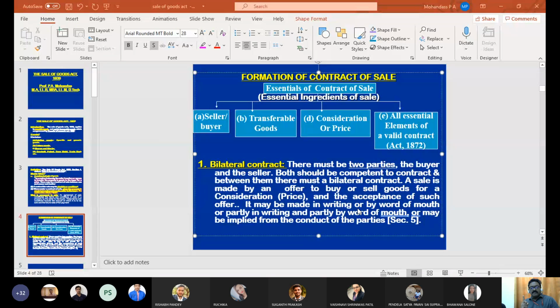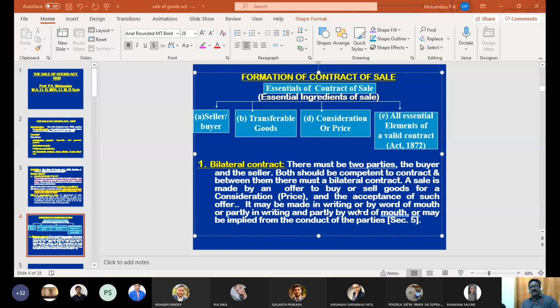I was not compensated for the work I have done. So consideration is mandatory for any contract, except there are exceptions we have studied. That is a question that might come for your semester end examination. A contract without consideration is null and void.